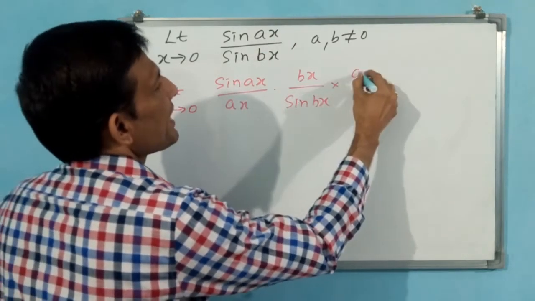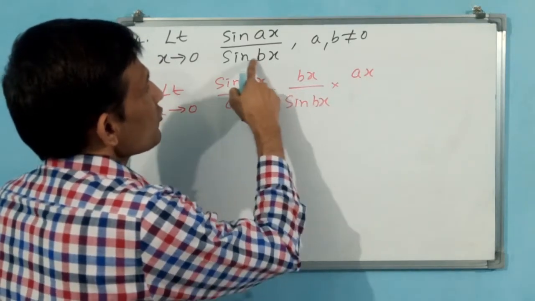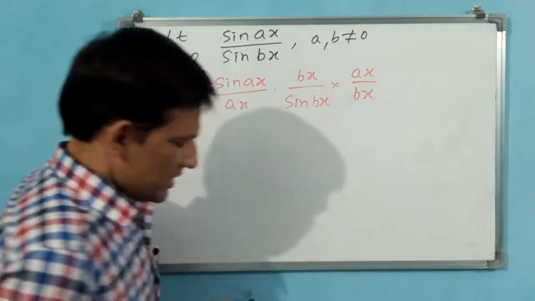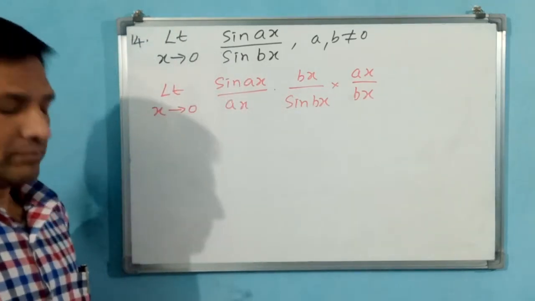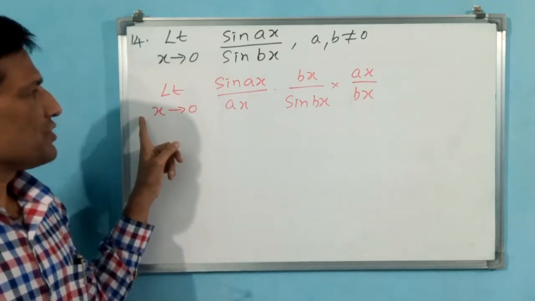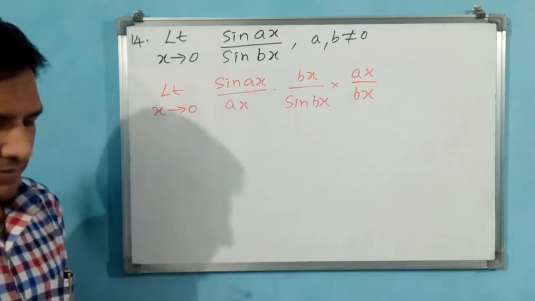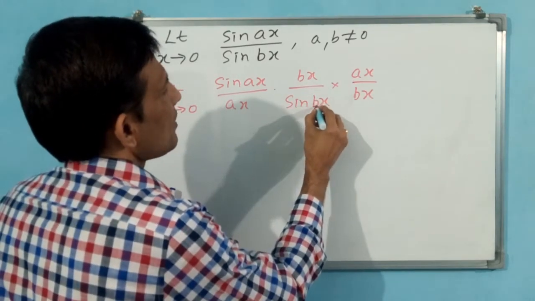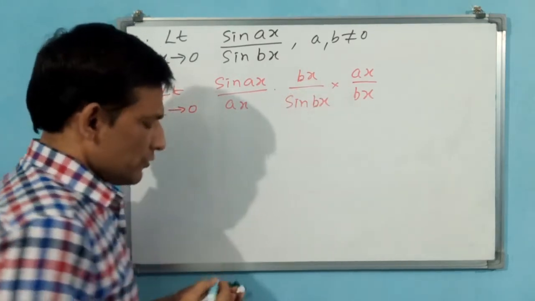To counter this one ax, earlier numerator bx was not there. Bx you have written. To counter this bx, I have written. Is it okay? First you see, I have not applied the limit. For applying limit, again I have to change ax and bx. That is different. If you don't change also, that is correct. But you have to change and write. Why? Because the concepts should be known to the examiner.